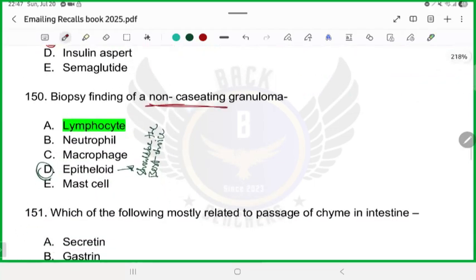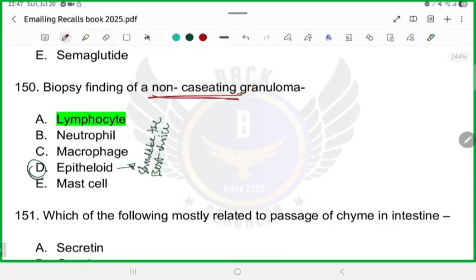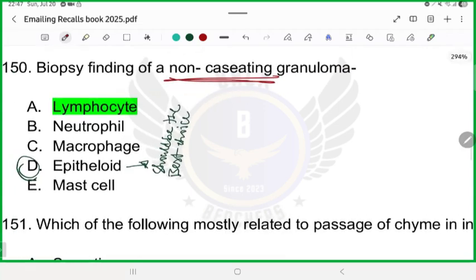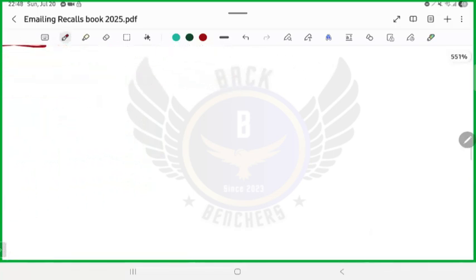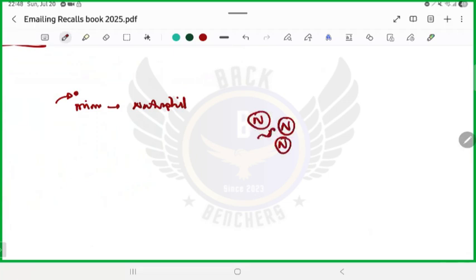Biopsy finding of a non-caseating granuloma. In a non-caseating granuloma, what happens in a granuloma? I have explained in class that when an inflammation starts, let's write N for neutrophil.